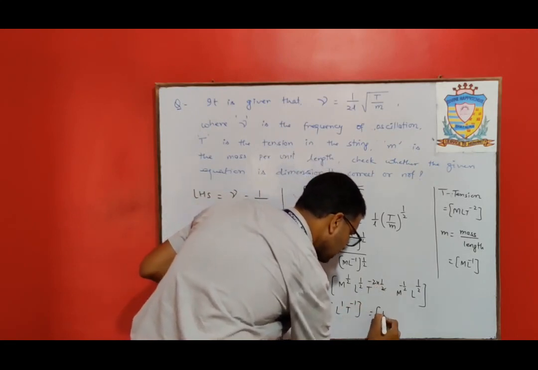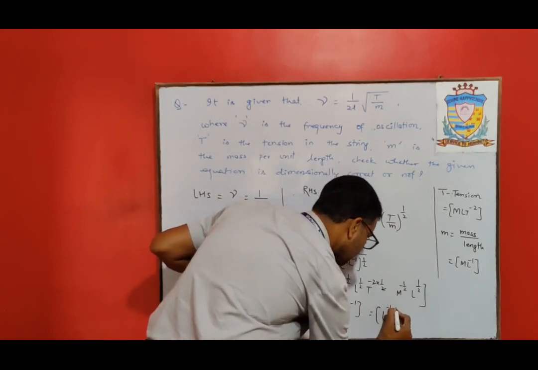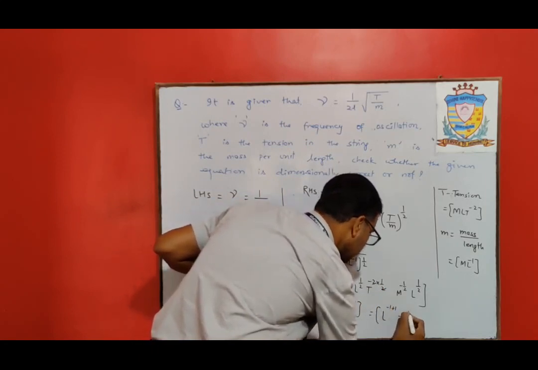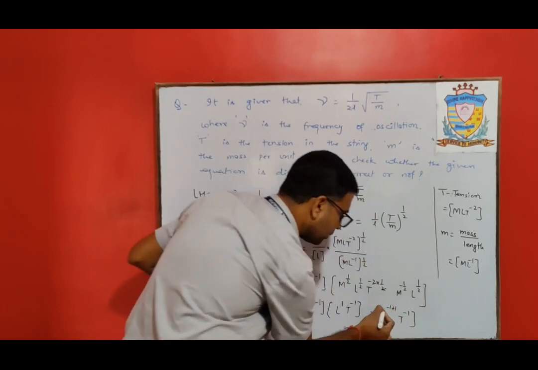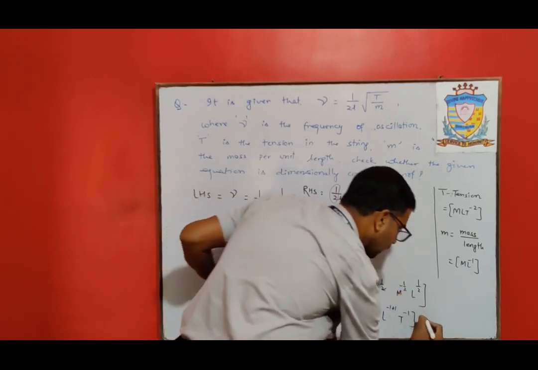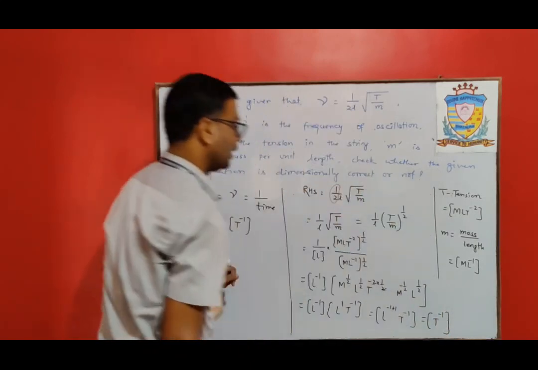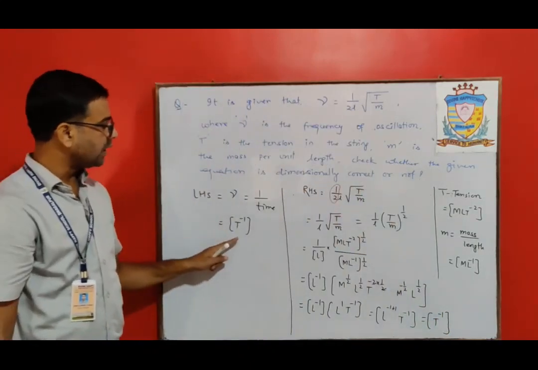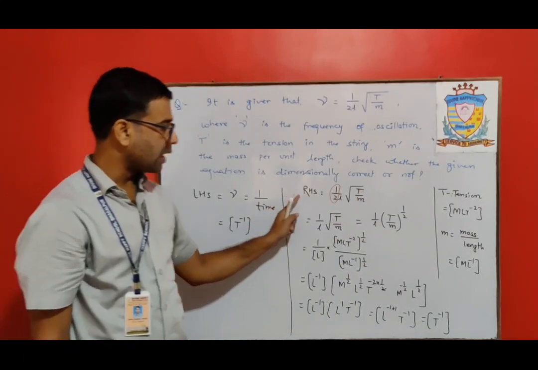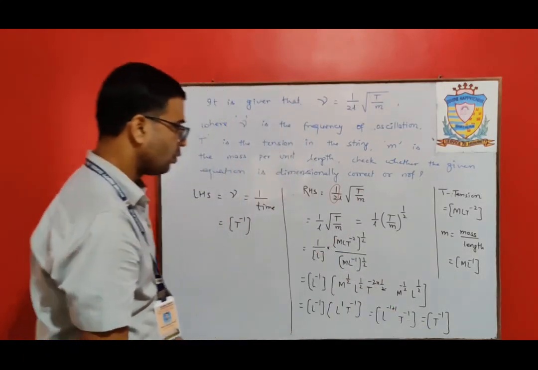This becomes L minus 1 plus 1 and T minus 1. Minus 1 plus 1 is 0, L to the power 0 is 1. So we have only T minus 1. In the LHS side we have T minus 1 and in the RHS side again we have T minus 1.